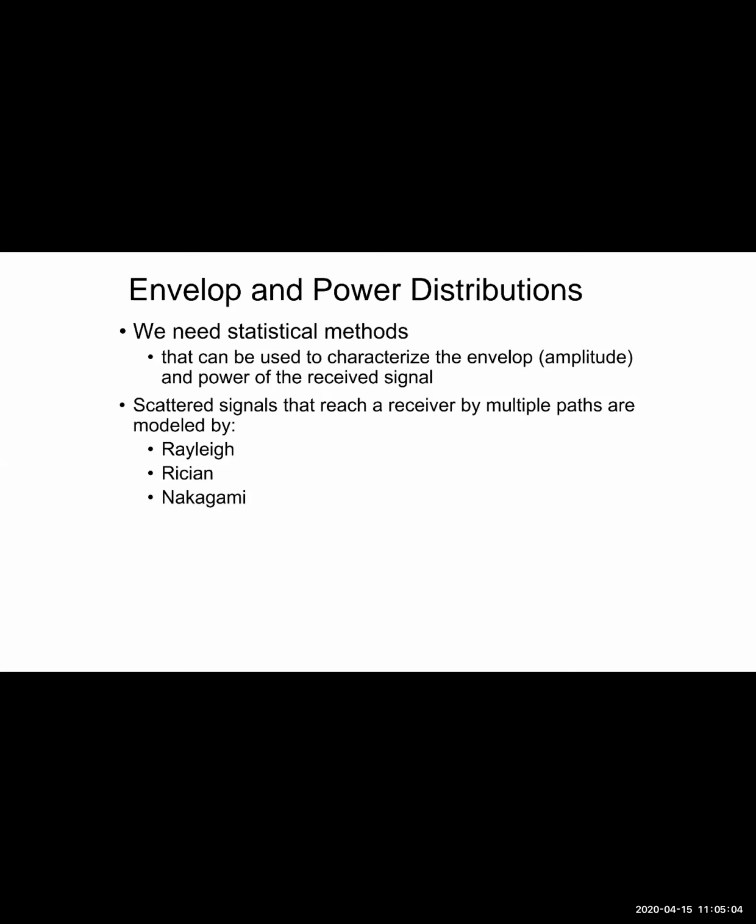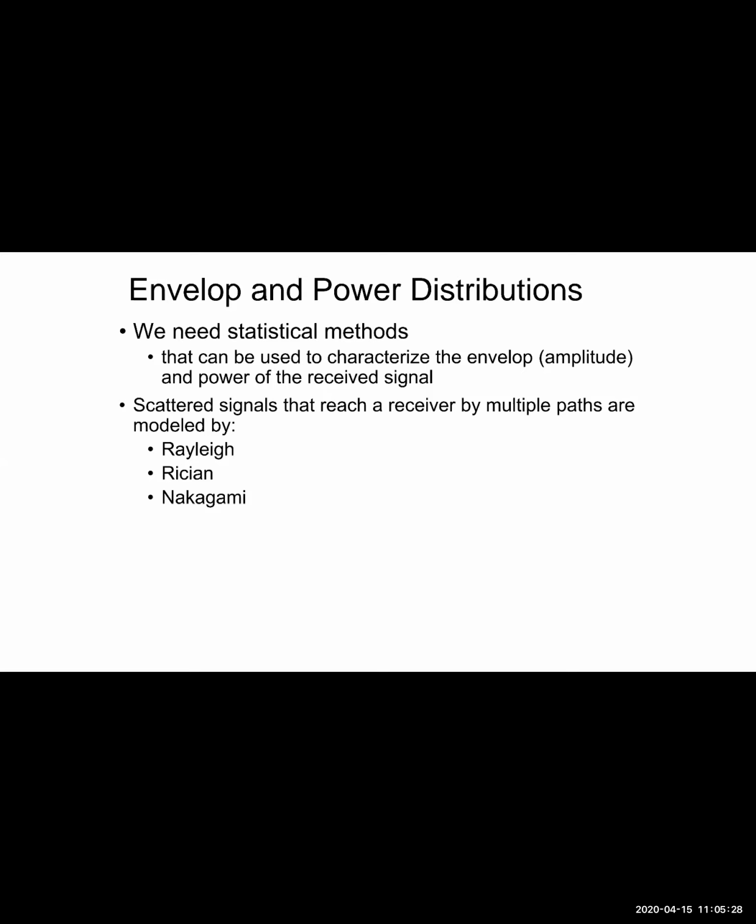If the density is not very high and you don't have line of sight, then the Rayleigh is suitable. If you have the density, but you have a line of sight signal among the received signals, then the Ricean is used. So these are the 3 distributions that you use in a fading channel.